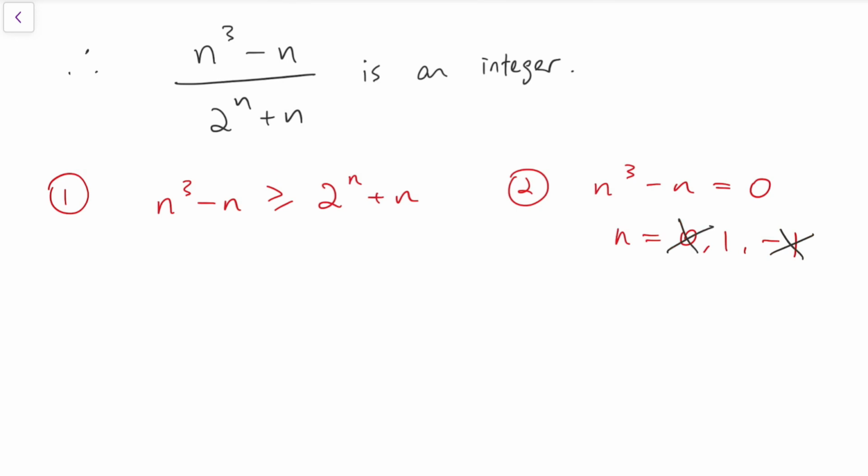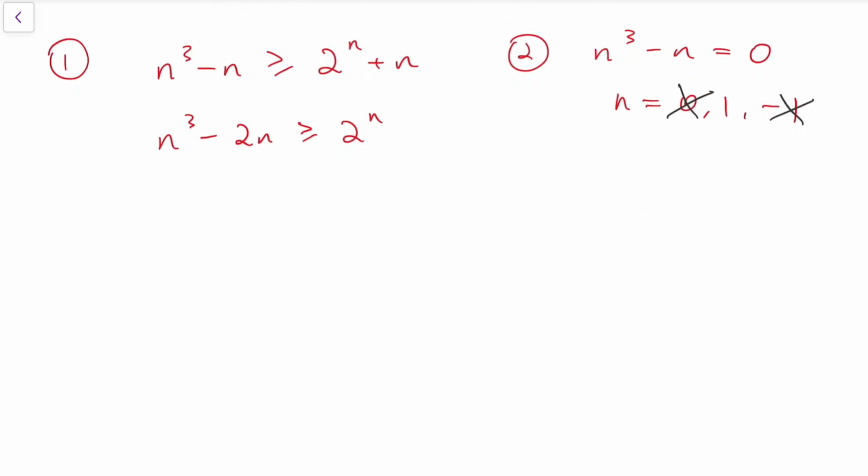Now, back to the first case, that means we must have n cubed minus 2n being larger than or equal to 2 to the power n. But we can take a look at these two terms. Intuitively, whenever n increases by 1, n cubed will become n plus 1 all cubed.